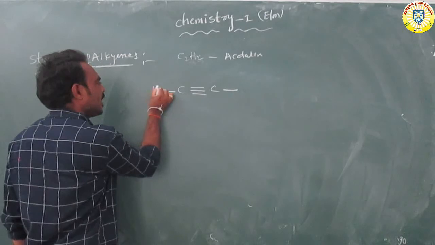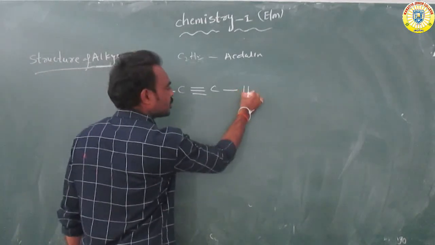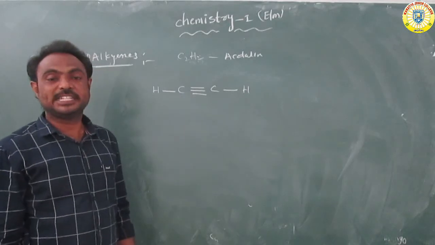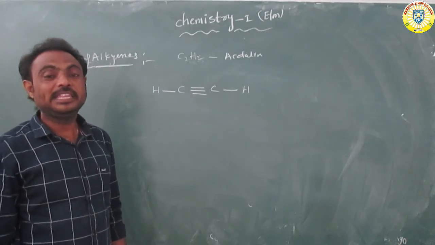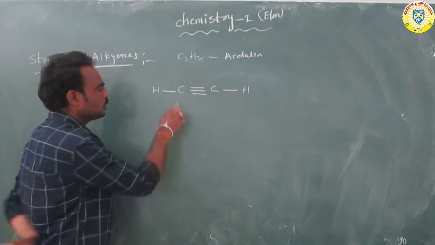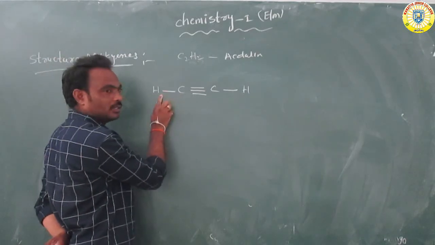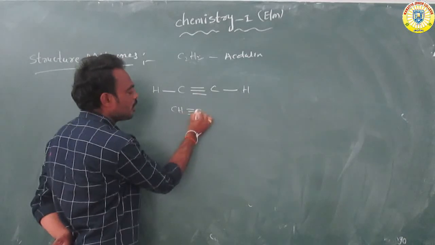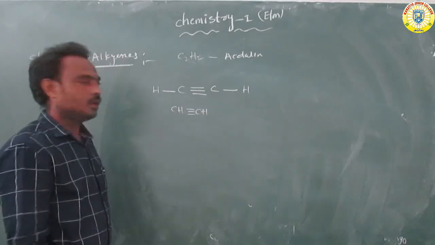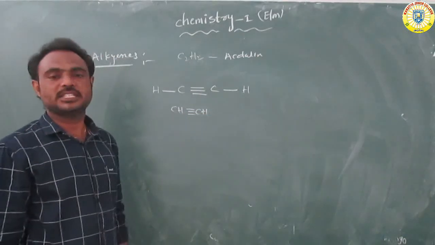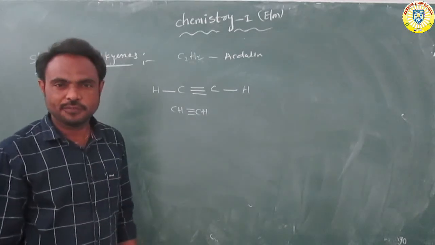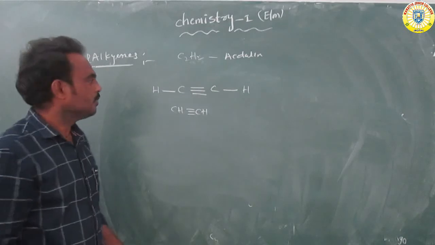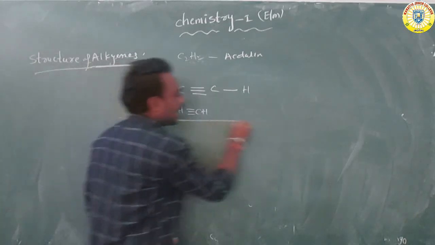This is the structure of acetylene or ethyne. We can also write it as CH triple bond CH, which is also the structure of acetylene or ethyne.